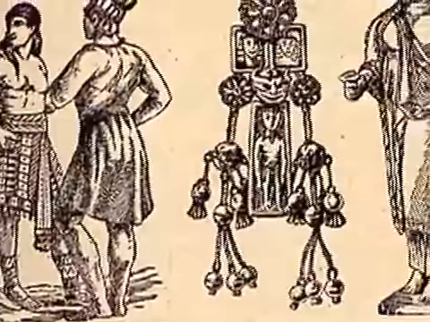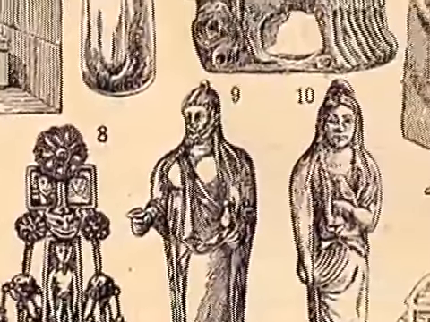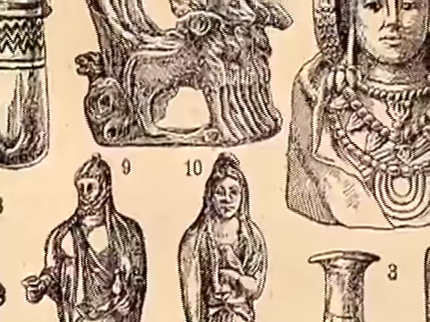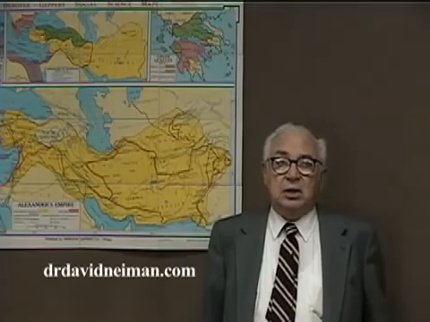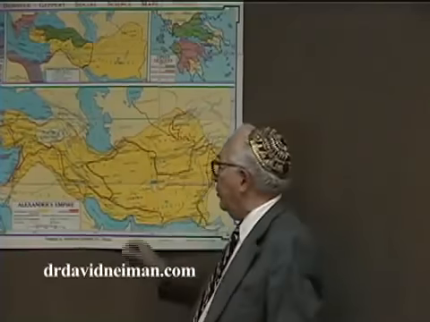Phoenicia in Greek is called Canaan in Hebrew, and that's the native name of the place. The Canaanites are the Phoenicians, as the Greeks call them. Their civilization embraced the land which is now Israel and Lebanon, the eastern seaboard of the Mediterranean.